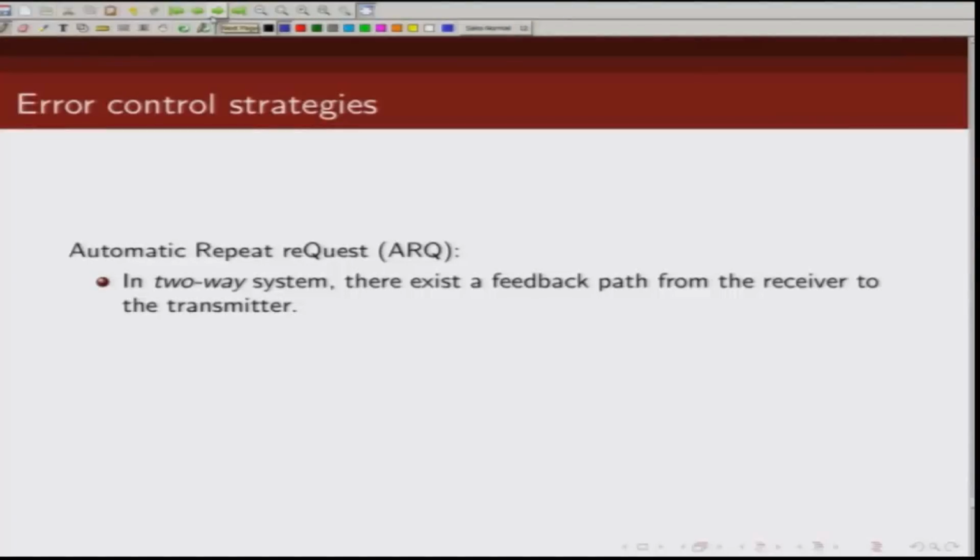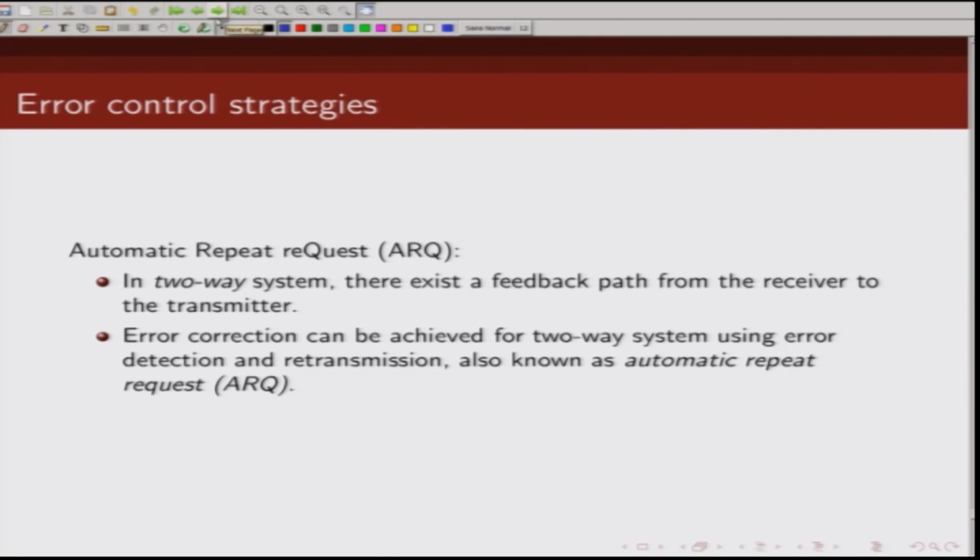Now, in some cases, we have a mechanism of feedback from the receiver back to the transmitter. In those cases where there exists a feedback from the receiver to transmitter, we call these systems two-way systems. For these systems, the error correcting strategy which is used is what is known as automatic repeat request. Now, how does this work? You initially send some coded packets where you just use parity bits for error detection.